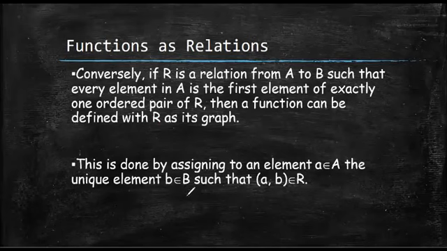Whenever this is done, we show that element a belongs to A and the element b belongs to B. Now, when we are studying relations, suppose we are considering the relation such that (a, b) belongs to some binary relation. Instead of R, I am taking S; you can represent it with any letter.